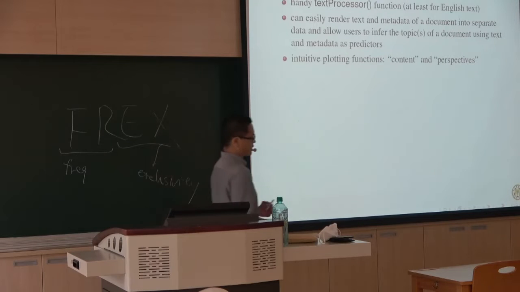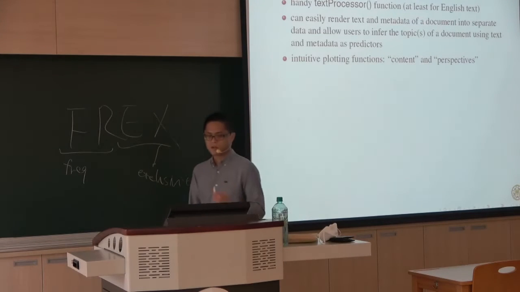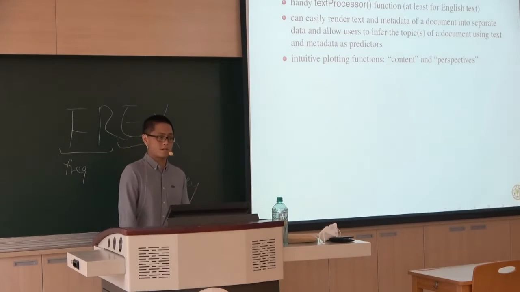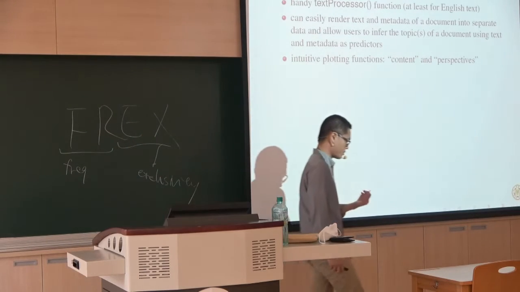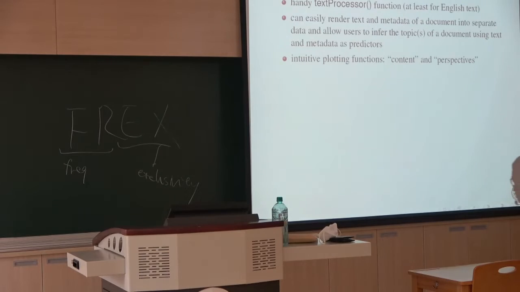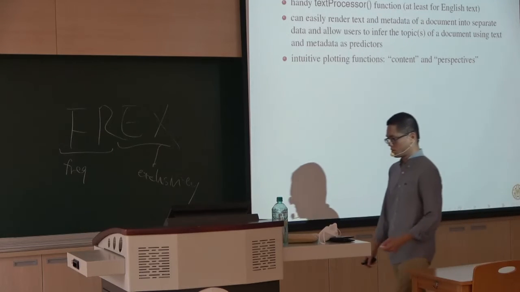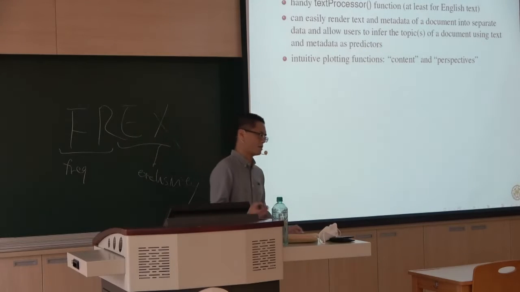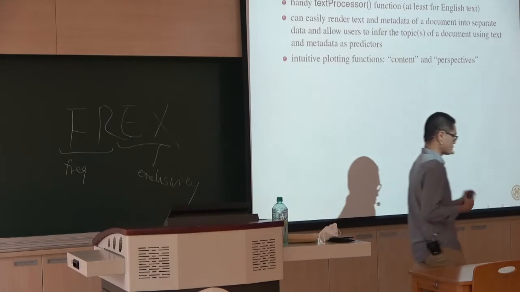So let's talk about the application side. With the structured topic model, you provide a text processor function, which from my perspective is a very handy function if you primarily analyze the English language. But for other languages, you might require some sort of preprocessing.